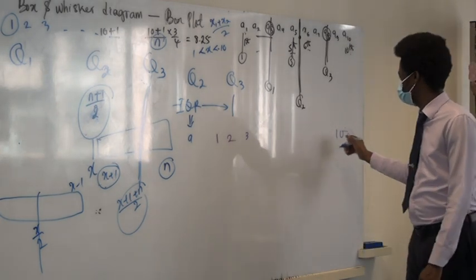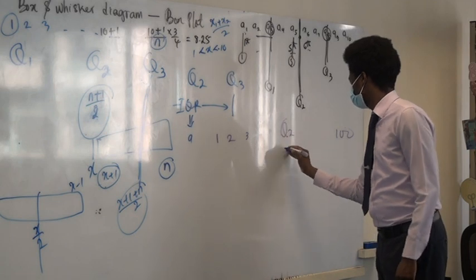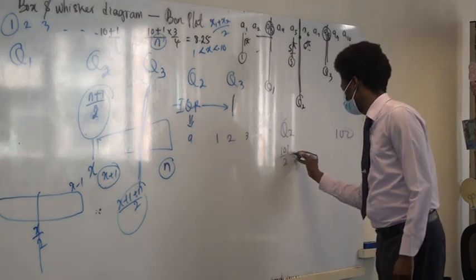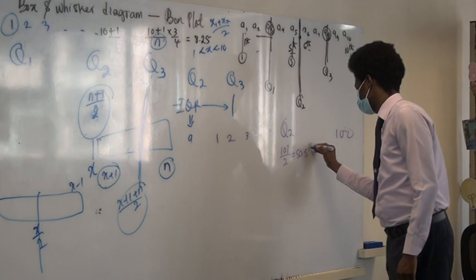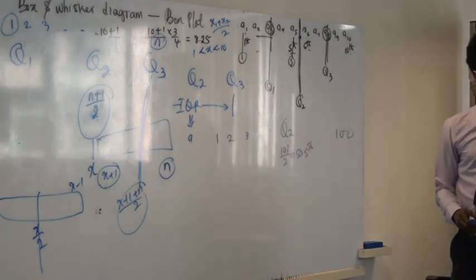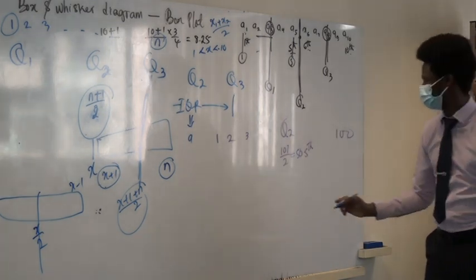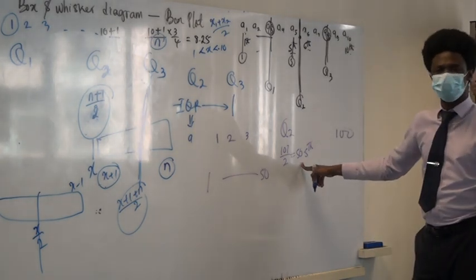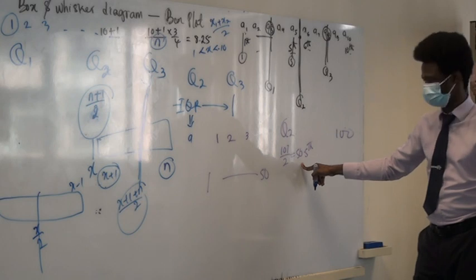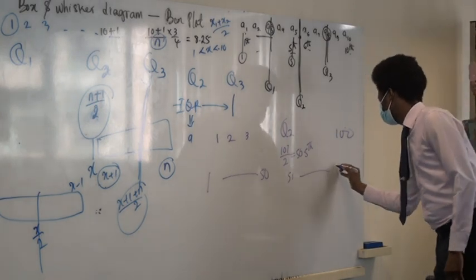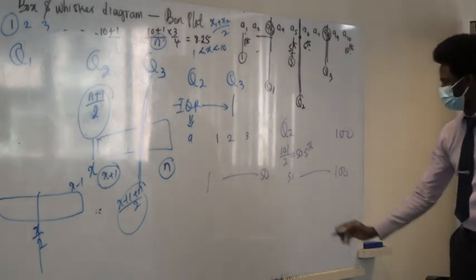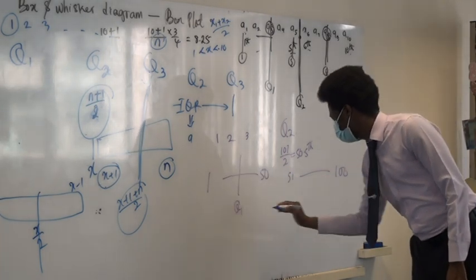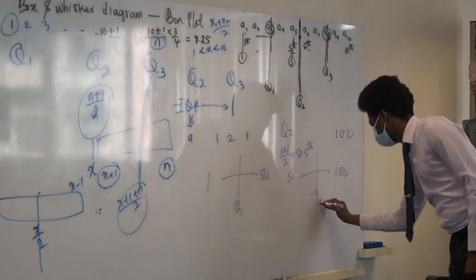The median is simply going to be in position 101 divided by 2, which is 50.5. So this is the position of the median, which means the lower part of the distribution is from position 1 to position 50, and the upper part of the distribution will be from where to where? 51 to 100.